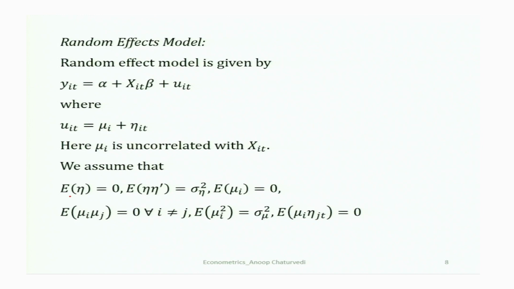Then we assume that expectation of eta is equal to 0, expectation of eta eta transpose is equal to sigma square eta into identity matrix, expectation of mu i is 0, expectation of mu i mu j is 0 for all i not equal to j, expectation of mu i square is sigma square mu, and expectation of mu i eta jt is equal to 0.